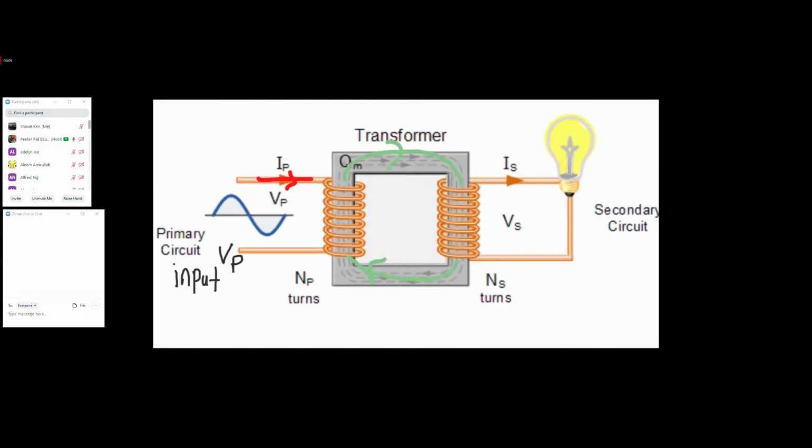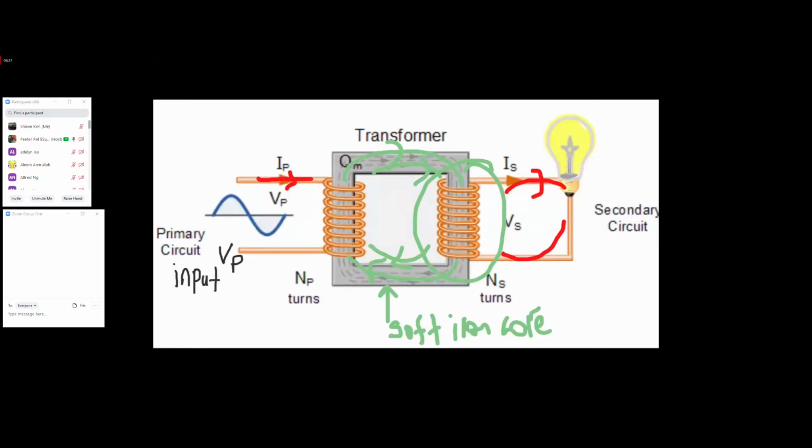The electromagnetic field can be produced in the air surrounding or even in the soft iron core. So the secondary coil undergoes changes of flux, and it will start to produce its own induced current.